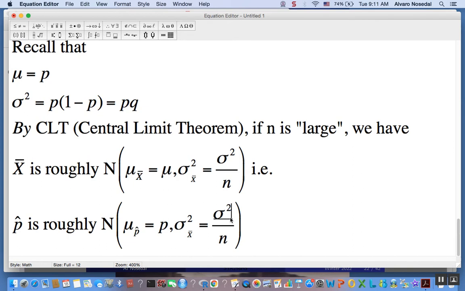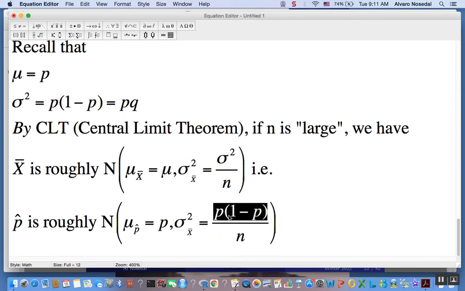Variance for that guy, p times 1 minus p, for one of them, but for p hat it is p times 1 minus p divided by the sample size.